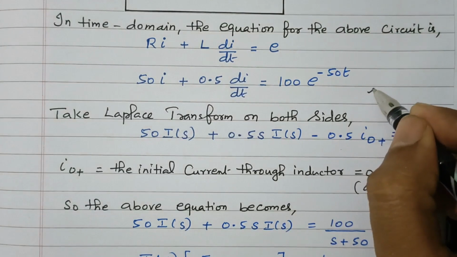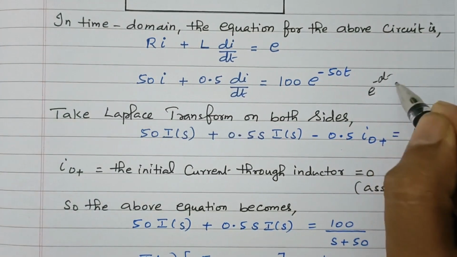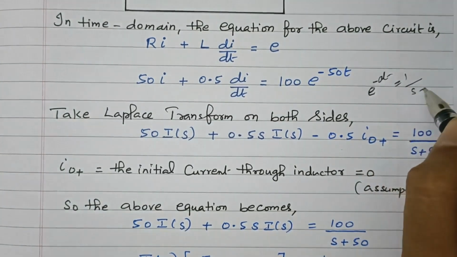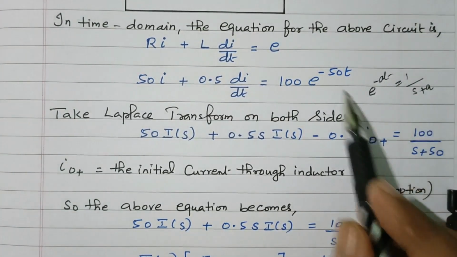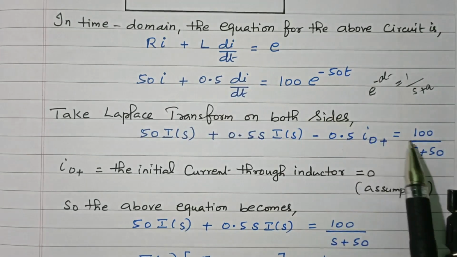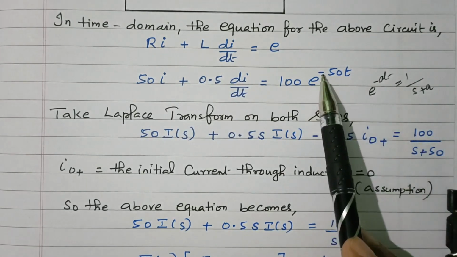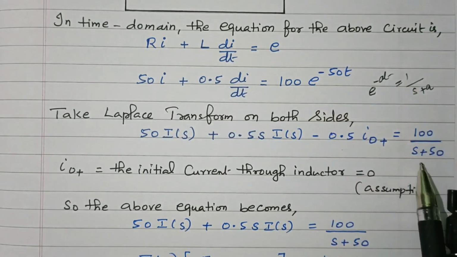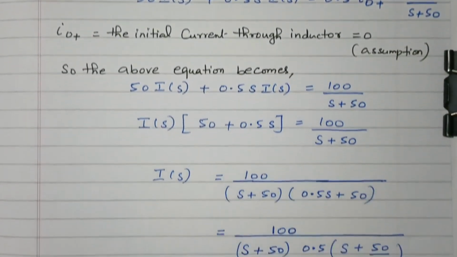We know that e power minus at equals 1 divided by S plus A, and based on that the Laplace transform is taken. Here A is nothing but 50, so e power minus 50t is 1 divided by S plus 50. Now we'll go for the further simplification.